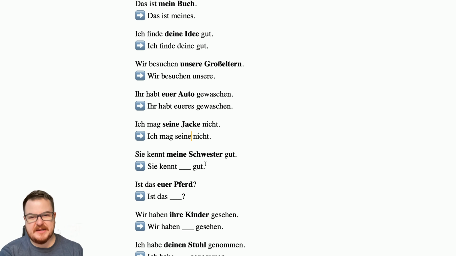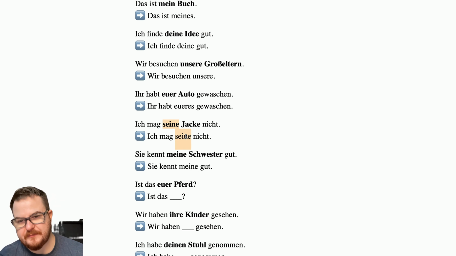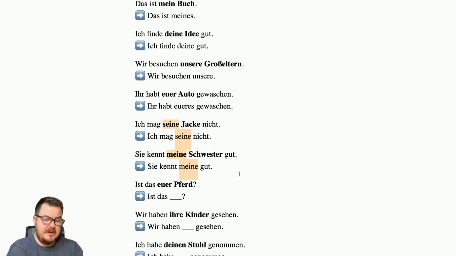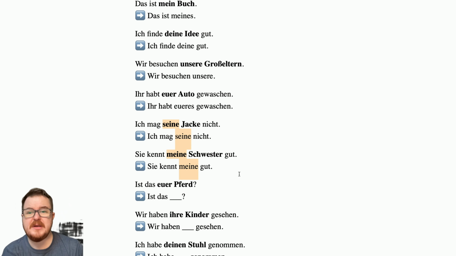Sie kennt meine Schwester gut. Mine is the base, it's feminine, it's accusative, e. So this is why people get confused. People mix up possessive adjectives and possessive pronouns, not only because some people conflate the two things as one, but also because it's very tempting to think, hang on a minute, these are the same.